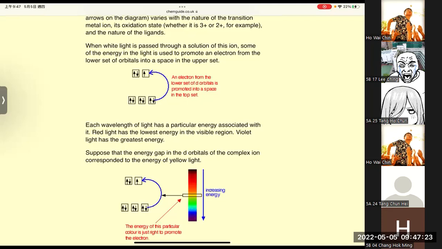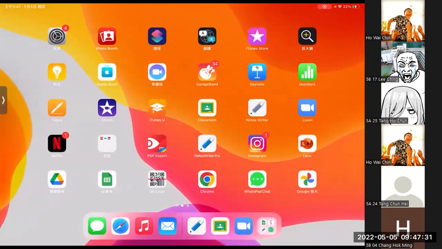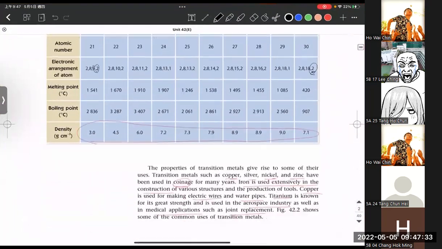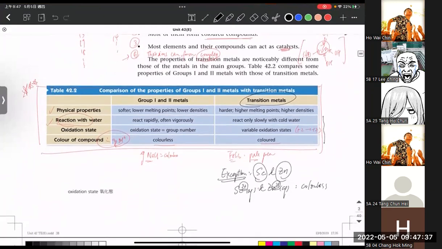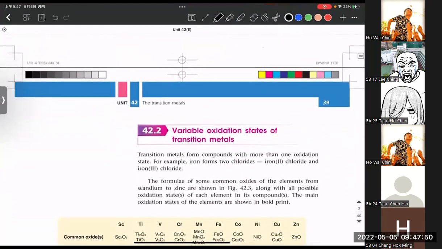The second is filled. Even though you have electrons, they have nowhere to go. Do you understand? So that's why scandium and zinc are the two special cases. First, the ions are colorless. Second, they have just one oxidation state instead of variable ones. Questions?